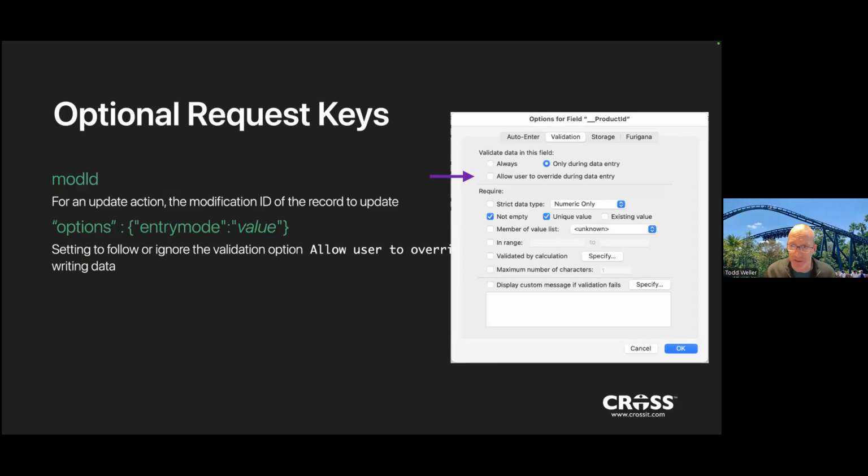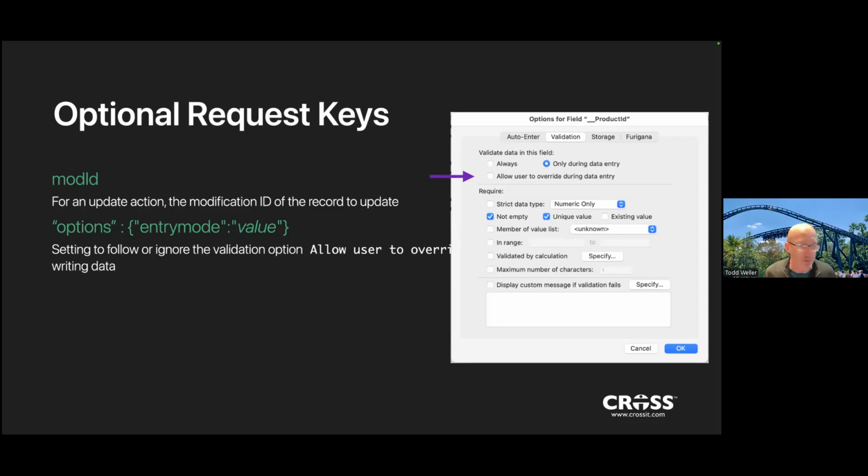If that checkbox is checked or not, this option here will allow you to change the behavior whenever your request is processed to where if it is set to script, it's going to ignore the field's data validation requirements.